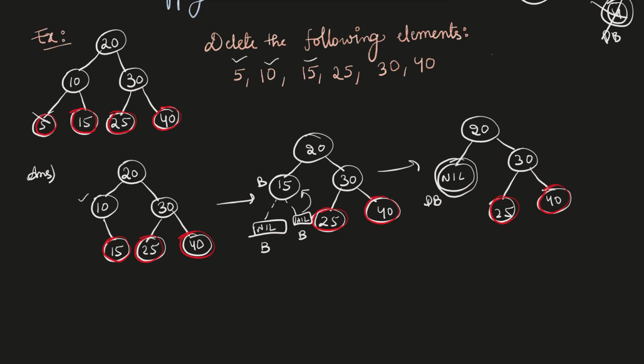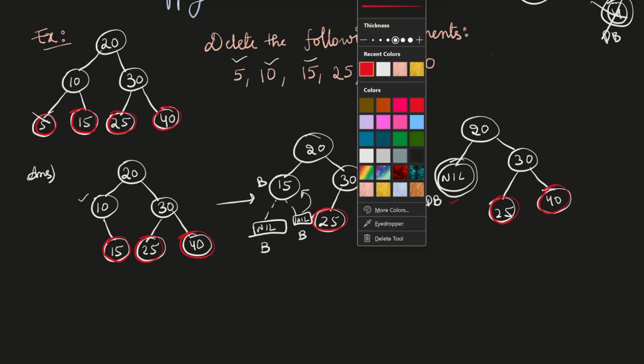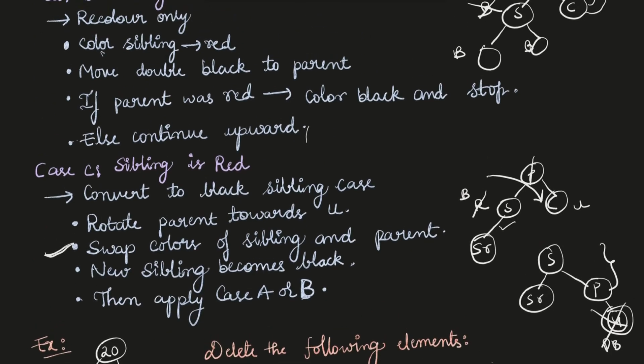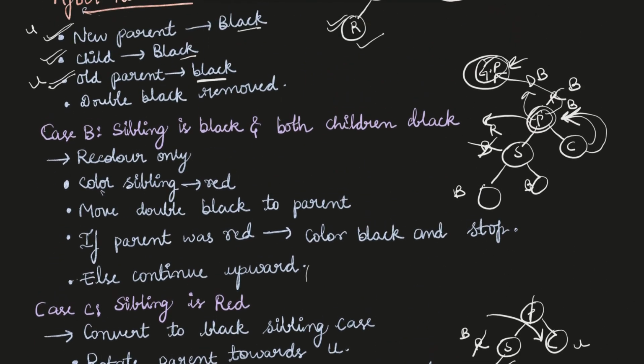Now we need to check the case. Double black is there. Its sibling is black and it is having two red children. So sibling is black.